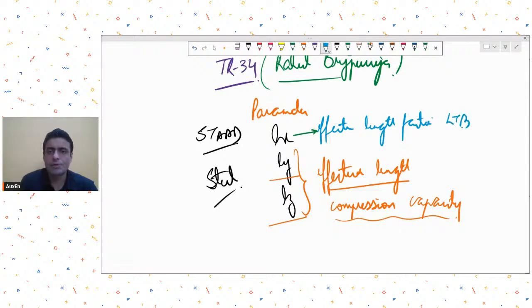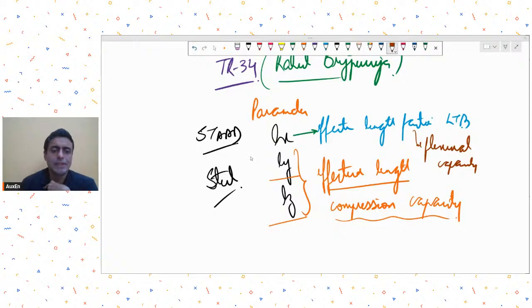And where will this be used? This will be used for calculating the flexural capacity of your section. So LY and LZ are used for compression capacity calculation, and LX is used for lateral torsional buckling length calculation.